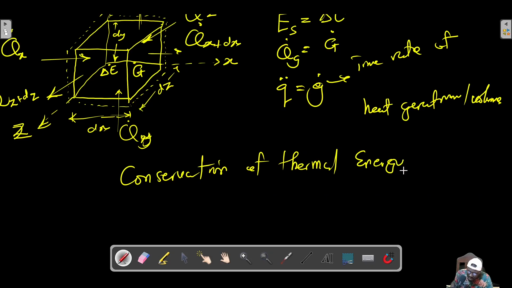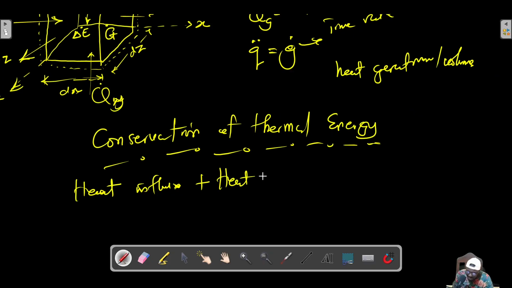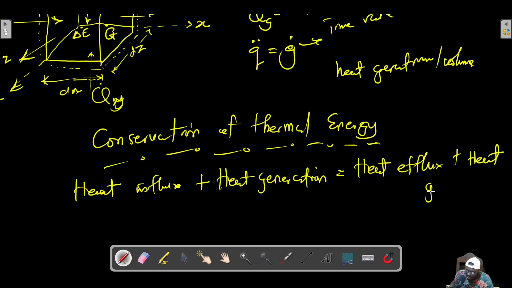Now, whenever you have a control volume, it says that the heat entering into the control volume, that's the heat influx, plus the heat generation, I believe you remember this from thermodynamics, is equal to the heat efflux, that is the heat leaving out of our infinitesimal volume, in this case, which is our control volume, plus the heat generated within the control volume, CV.